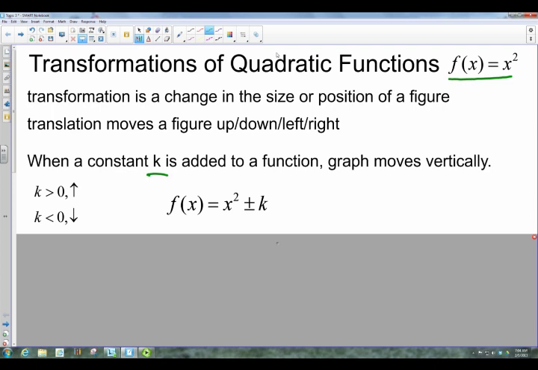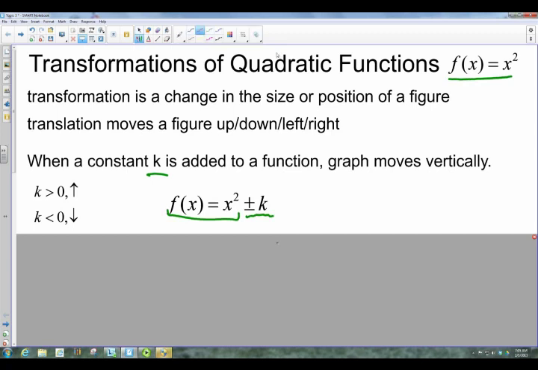Okay, so if we're given a function f of x equals x squared, which we have as our parent function there, if I'm going to add or subtract, so you see the plus and minus there, add or subtract k, the graph is going to be moved up or down, and this is outside the square. Right? Now the way to tell is based on this over here on the left hand side of the screen.